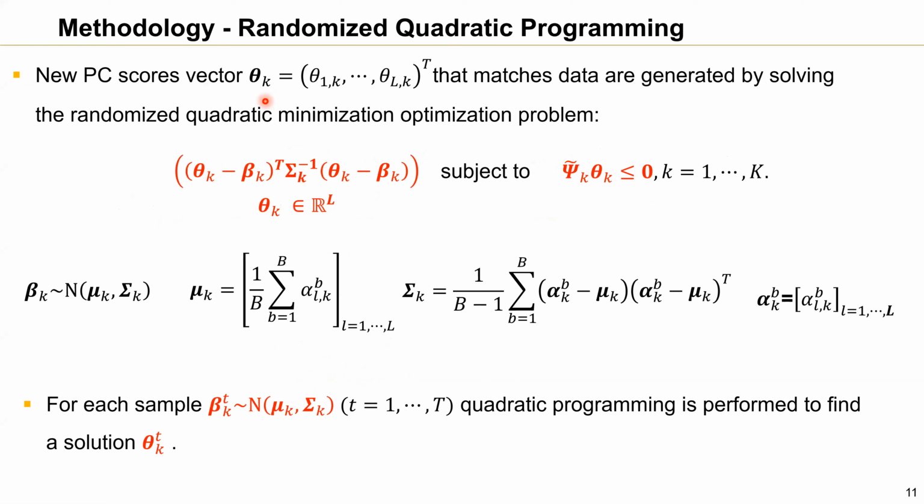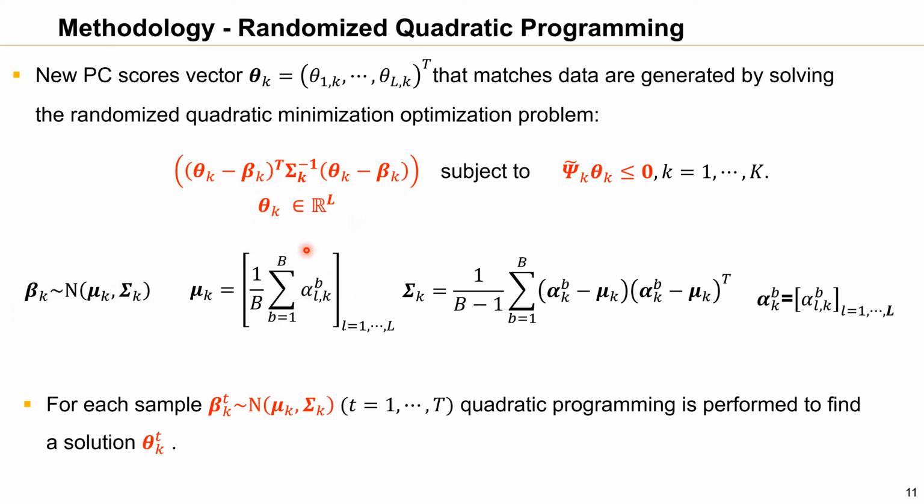So in order to generate the new PC scores that match the data, we are going to solve this quadratic minimization problem. So here, your unknown is theta, the coefficient I would like to generate. And here you have beta k, a vector that we assume follows a normal distribution with the mean and covariance given by the unconditional PC scores.